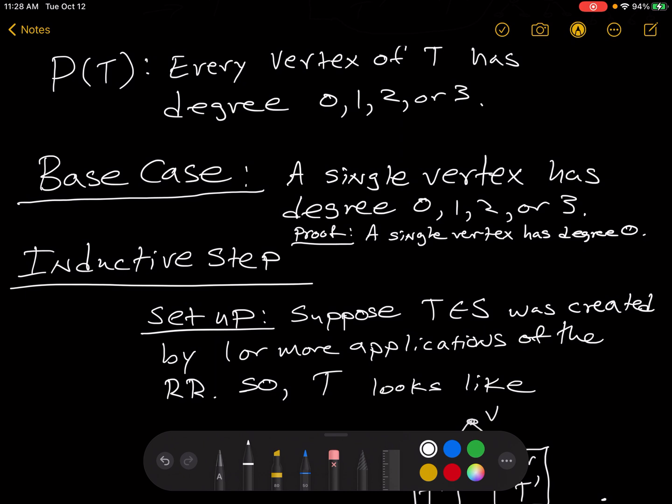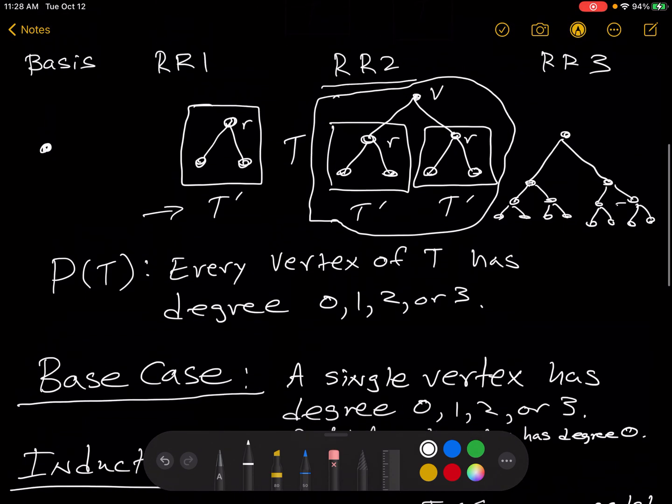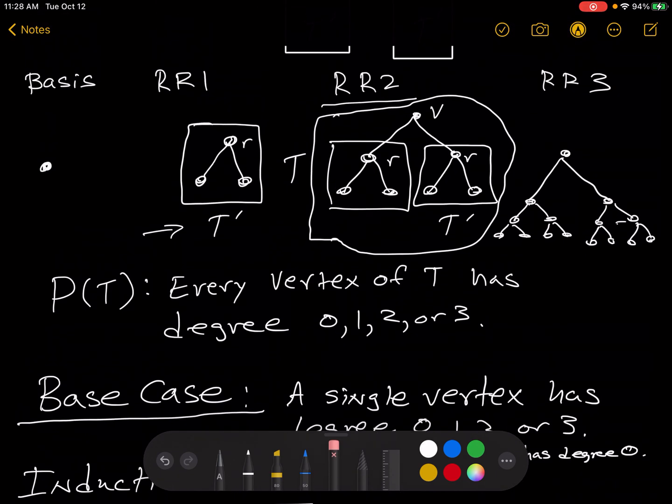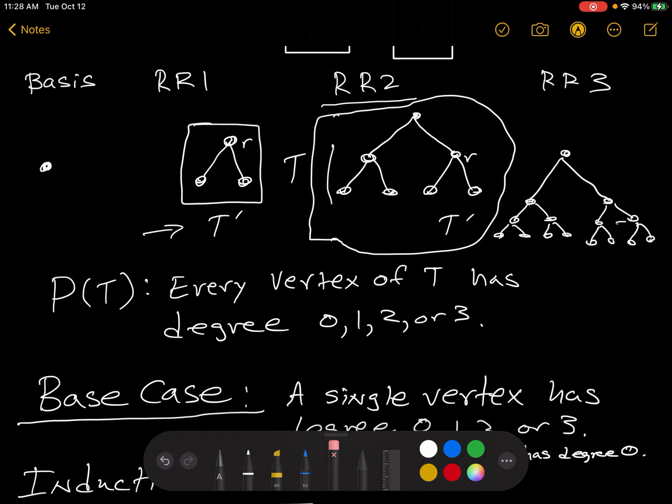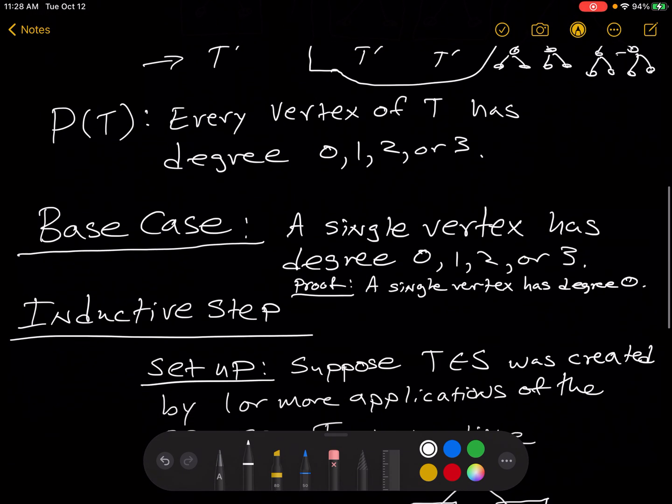So we choose one of these trees T, created by one or more applications of the recursive rule. Let's say we chose this whole thing as our T. How did we get that one? This is T prime, that's our root, and there's v.